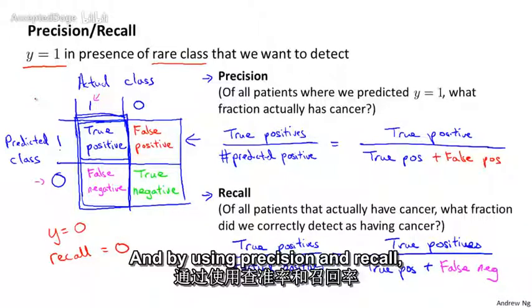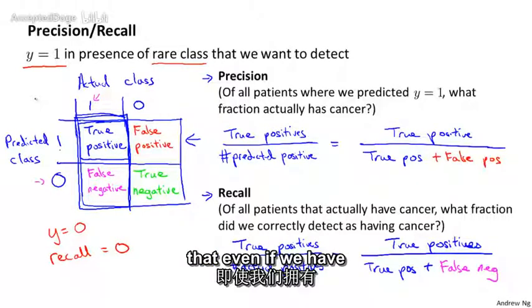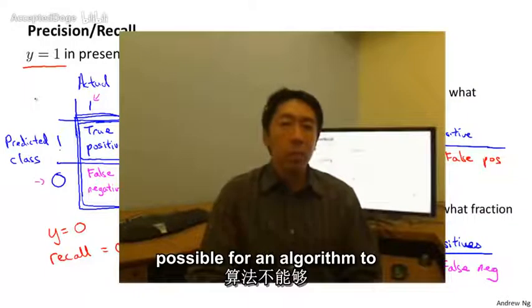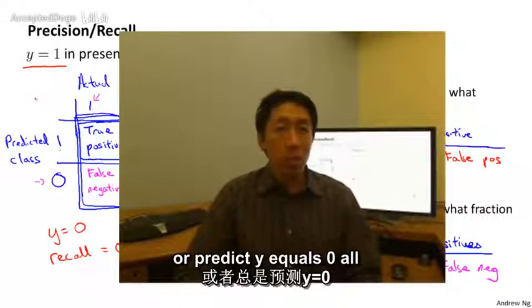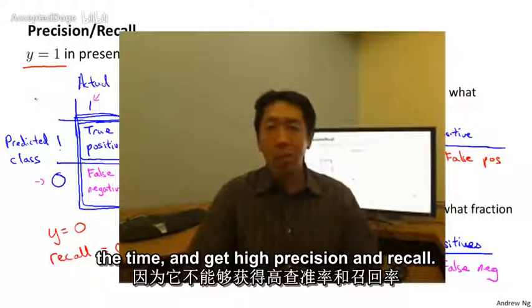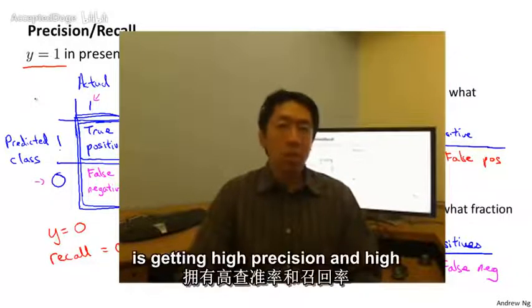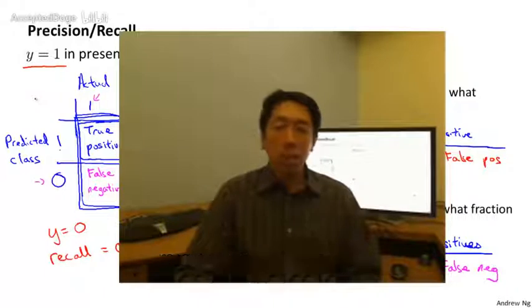And by using precision and recall, we find that even if we have very skewed classes, it's not possible for an algorithm to, quote, cheat and predict y equals 1 all the time or predict y equals 0 all the time and get high precision and recall. In particular, if a classifier is getting high precision and high recall, then we're actually confident that the algorithm has to be doing well even if we have very skewed classes.